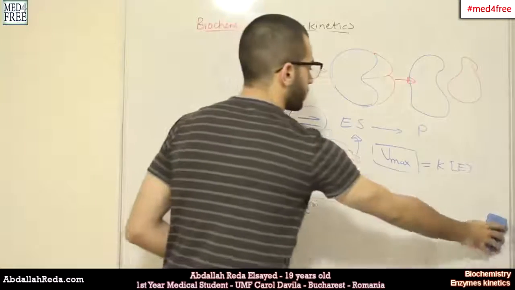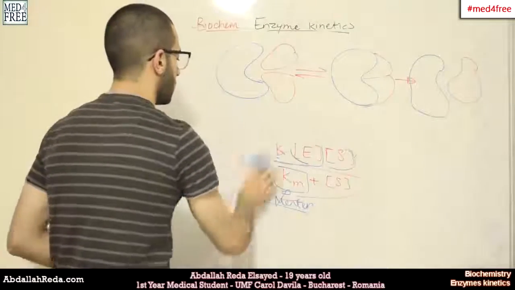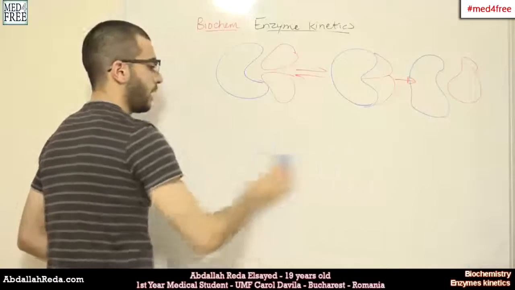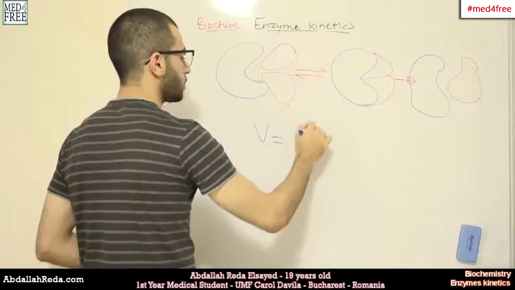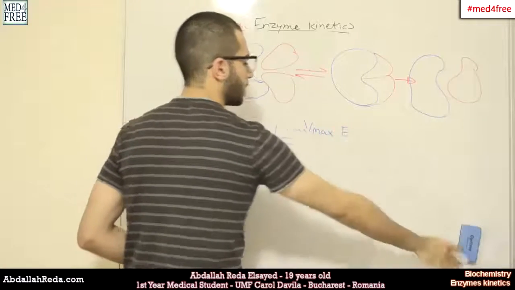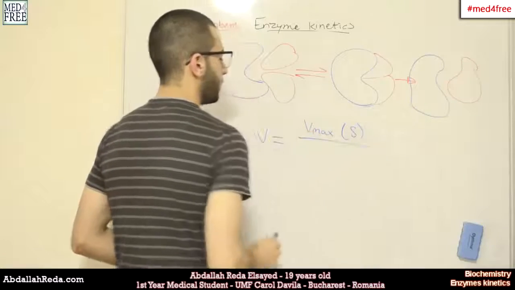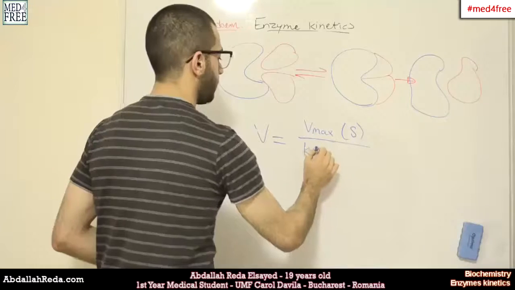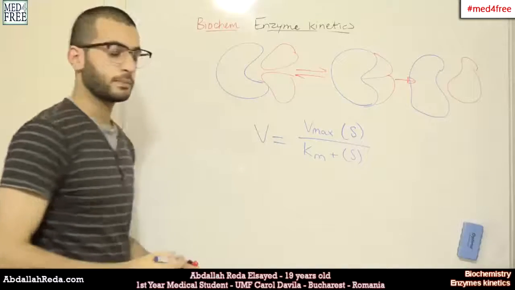So this constant and the E equals Vmax, and we can write this equation in an easier way. We can say that V equals Vmax multiplied by the substrate divided by Km plus the substrate.